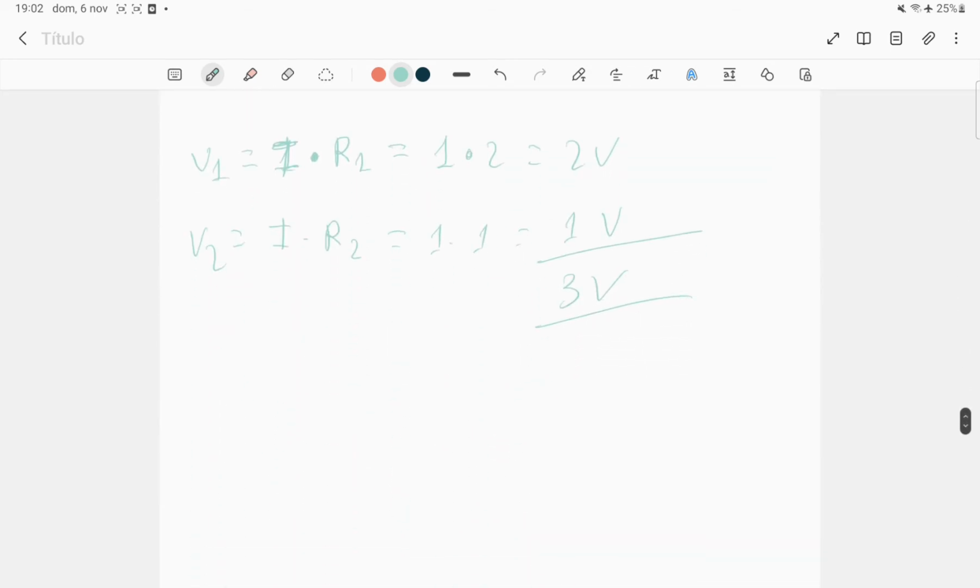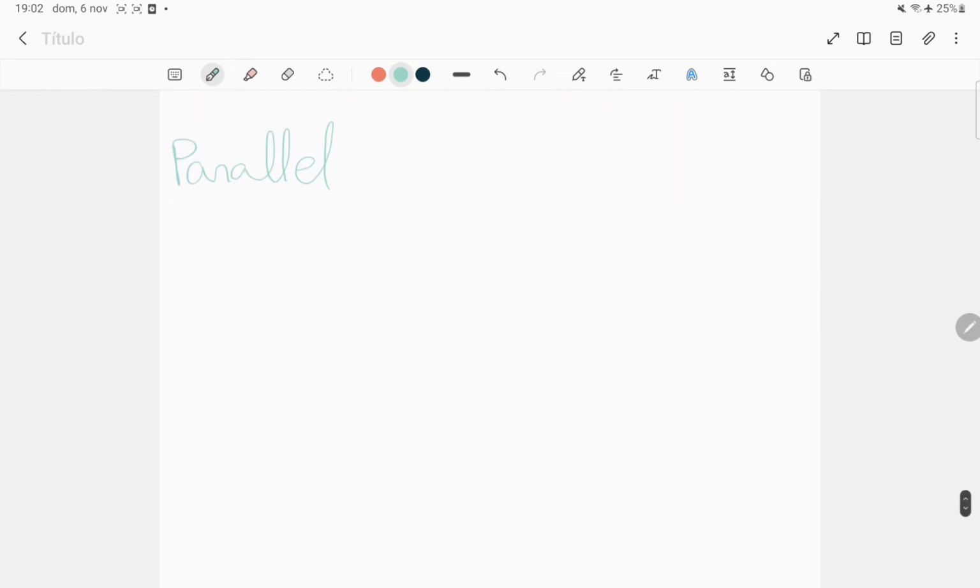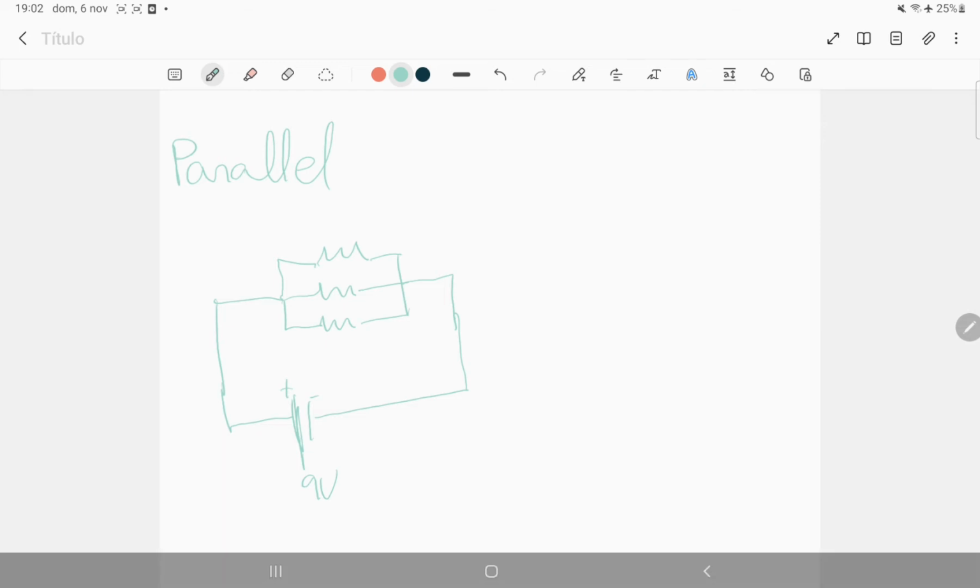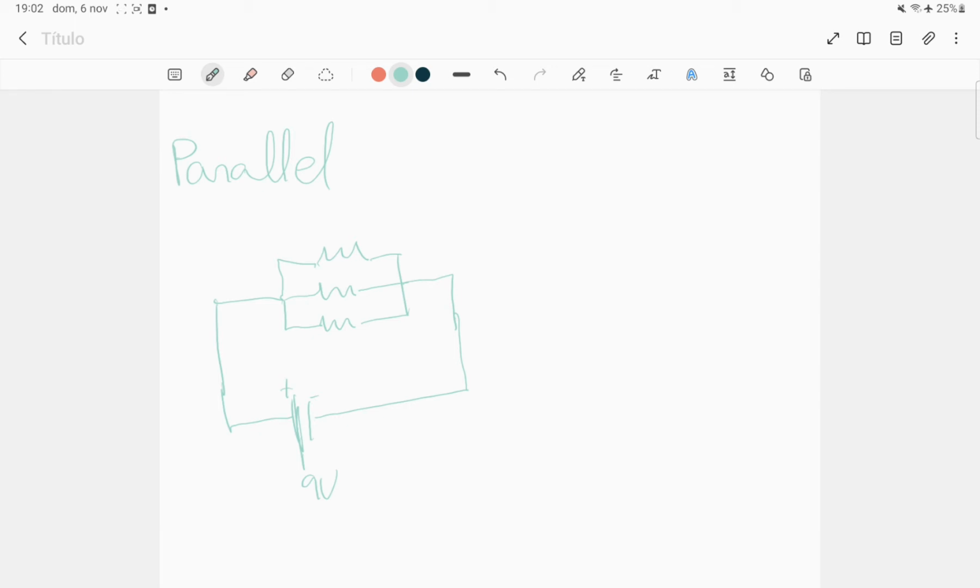Now with the parallel. We're going to make one with 3 resistors, because with 2 is easier, and I prefer to do one that is a little bit difficult. Okay.